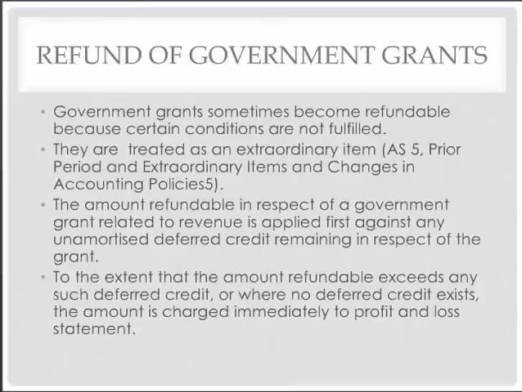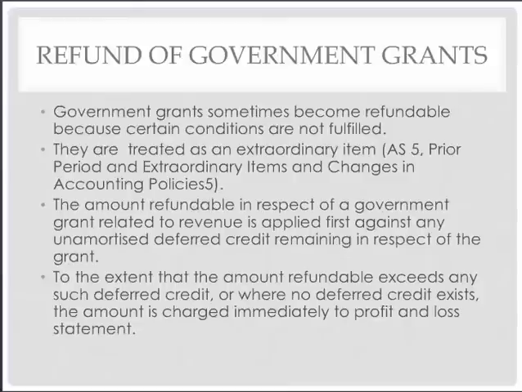As we said, government grants can be either revenue grant or capital grant. In case the grant is revenue grant and it is not taken to P&L in the same year, it relates to future periods as well. In that case, there can be some unamortized deferred income standing in your balance sheet.